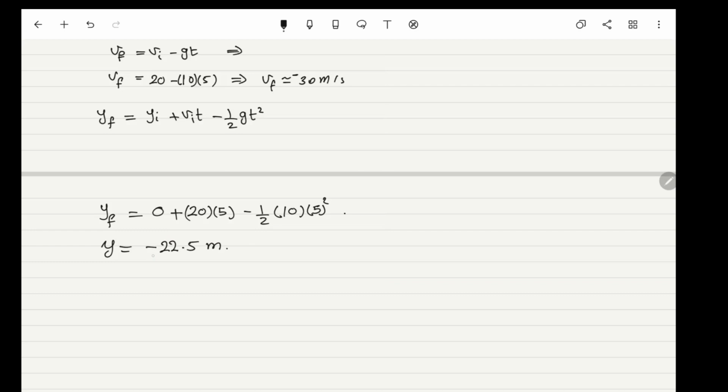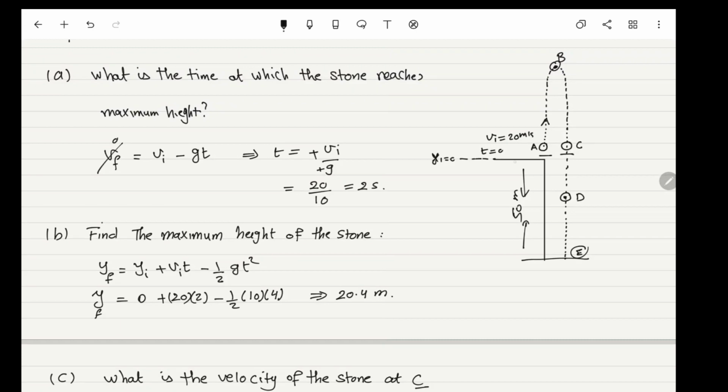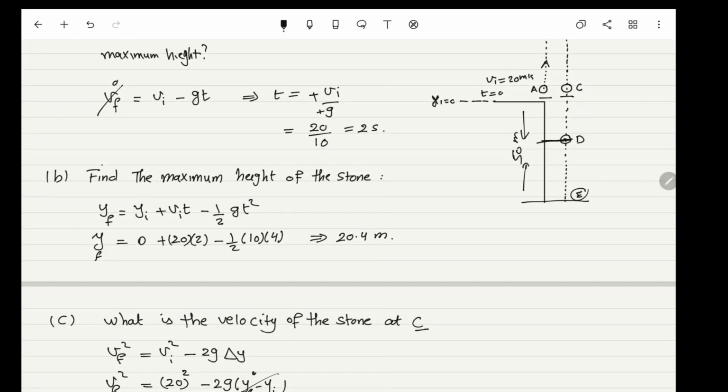The minus means it's below the reference point that we set up in the beginning of this question, the top of the building. So it makes sense. It's 22.5 meters, and minus because it's below the reference point. That's it.